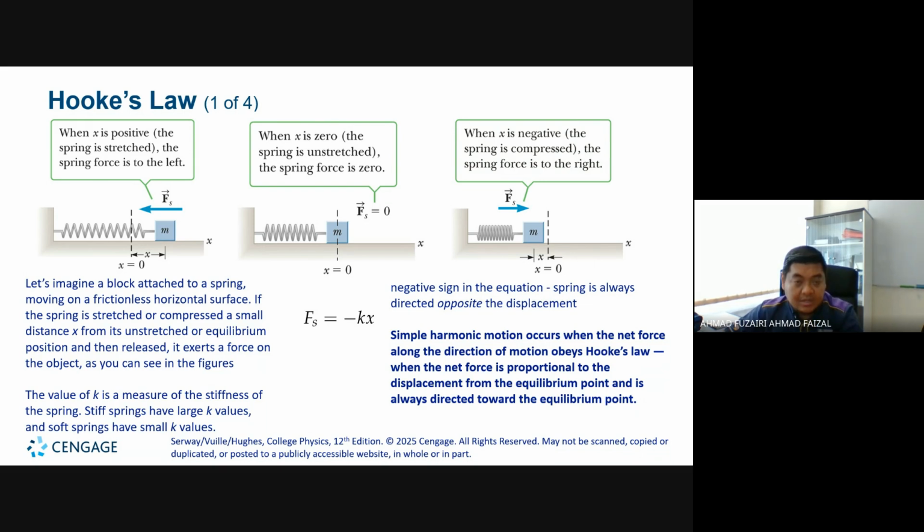But when you calculate the problems, you don't have to put the negative. Let's say here we have three different figures: on the left, in the middle, and on the right end.